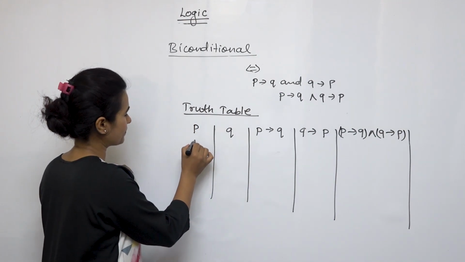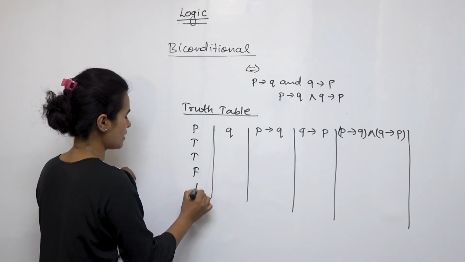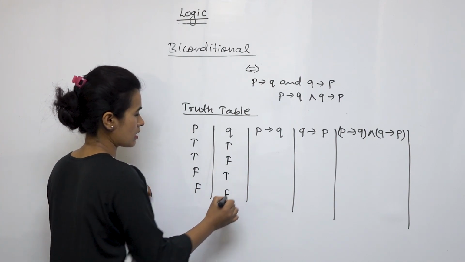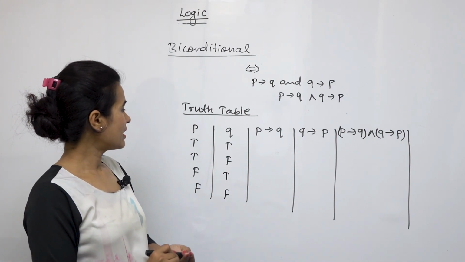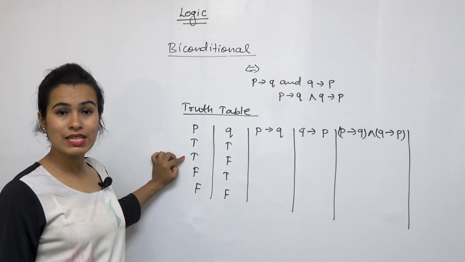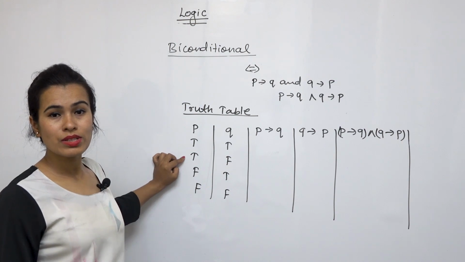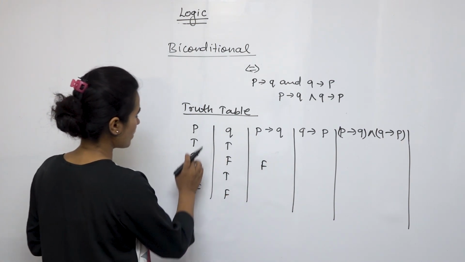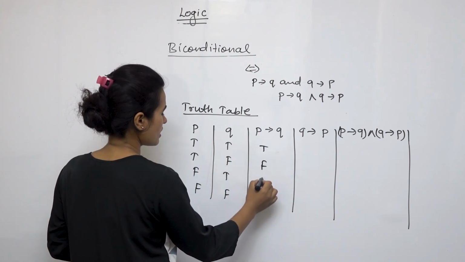So now P: true, true, false, false. Q: true, false, true, false. As we have already done, what about P then Q? In P then Q, if our hypothesis is true and the conclusion is false, the result is false. Otherwise, in all, the result is true.